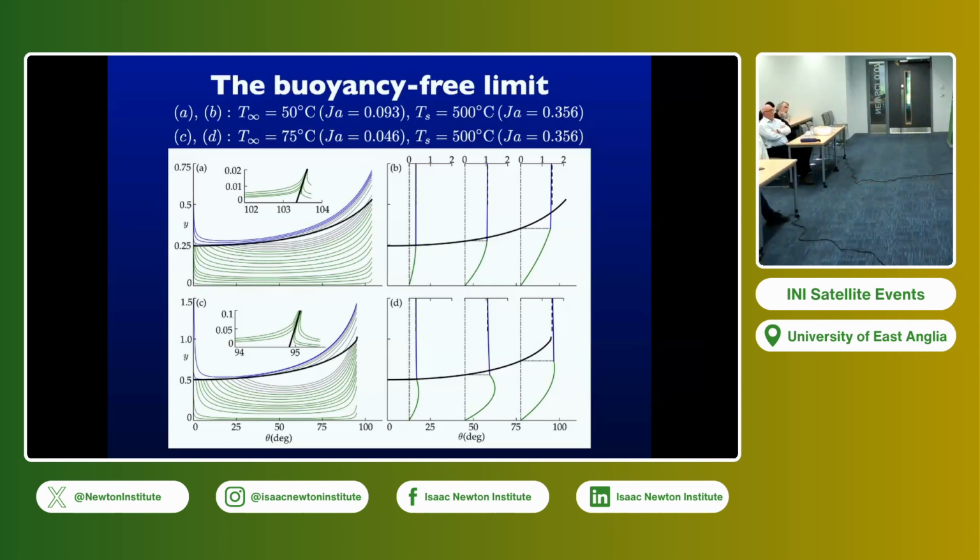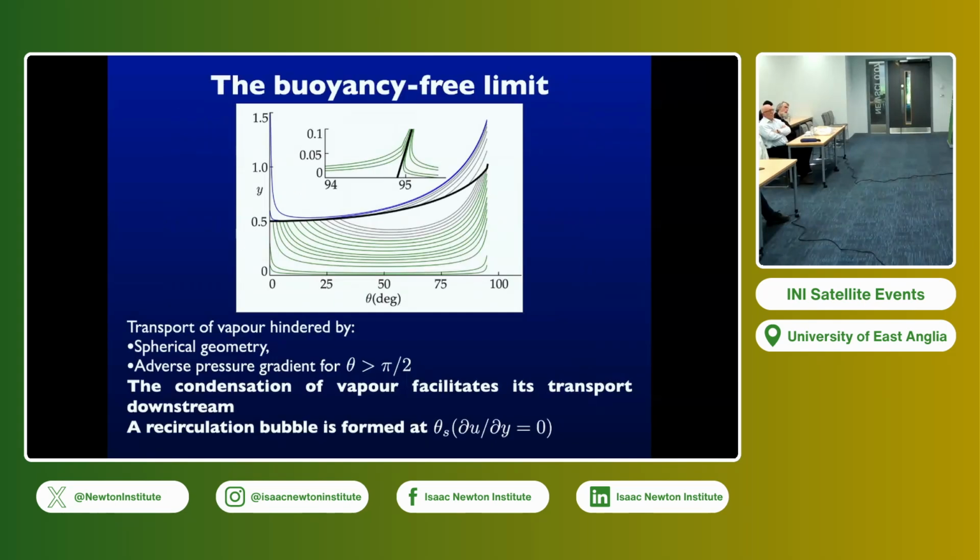So, just to summarize a bit, the transport of vapor downstream is hindered by two factors: the spherical geometry, related with the fact that past 90 degrees, even the increase of the thickness or the position of the interface is monotonic.